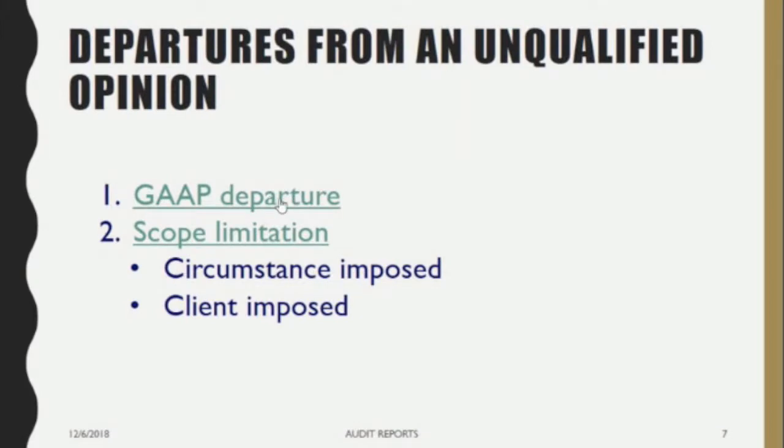So we remember in the opinion paragraph, the auditors say that the financial statements are in accordance with generally accepted accounting principles. That's our financial reporting framework. If a company departs from GAAP, they might have a very good reason to depart from GAAP. But if they depart from GAAP, that has to be discussed in the audit report.